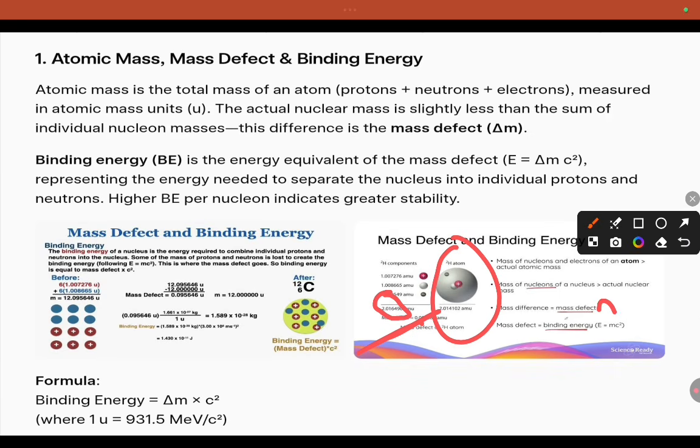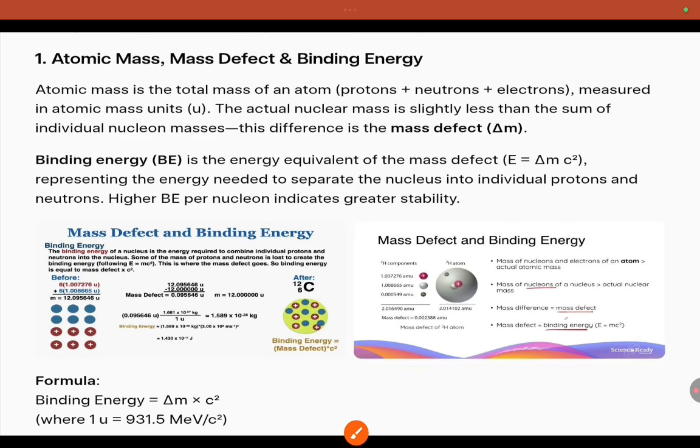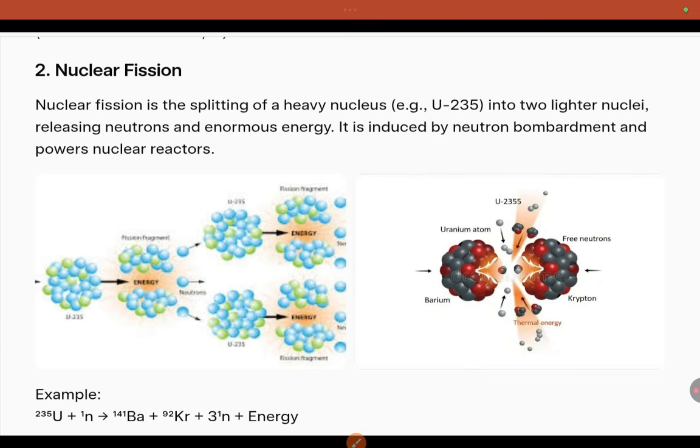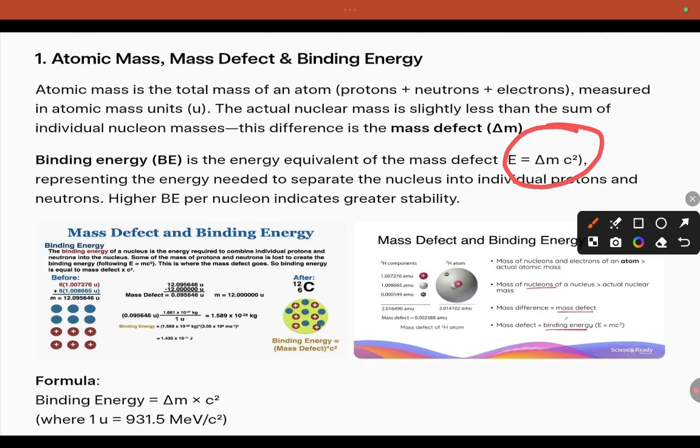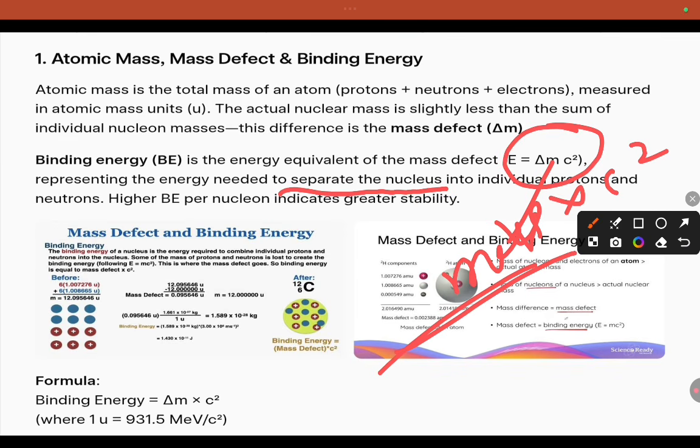Okay, what is binding energy? Binding energy is the energy equivalent of the mass defect, that is delta m c square. Delta m is nothing but the mass defect, multiplied with c square. This is known as the binding energy, representing the energy needed to separate the nucleus into individual protons and neutrons.